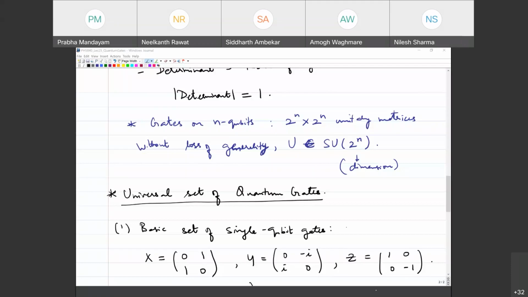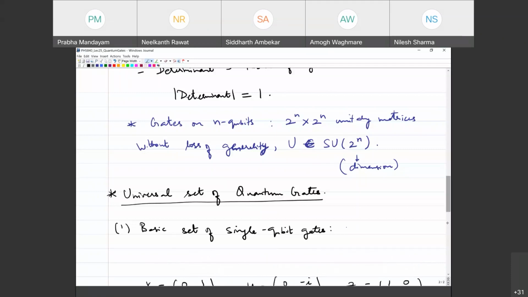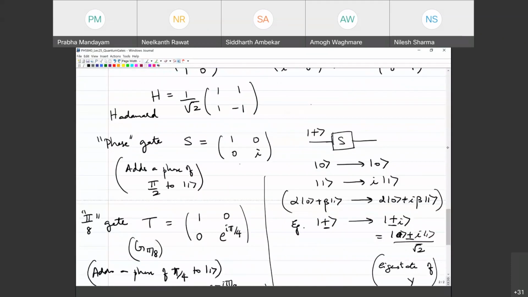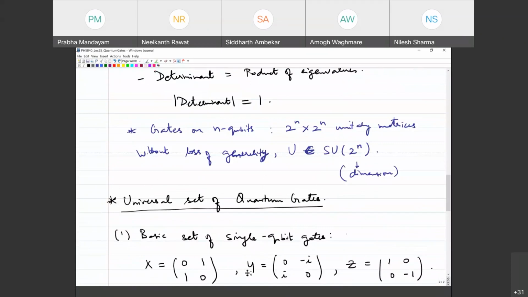Okay. So the idea is to be able to realize all quantum operations in terms of some basic set of gates, right? Sorry, this is not what I wanted. Let me just write down the universality statement and then maybe it will be better motivated.